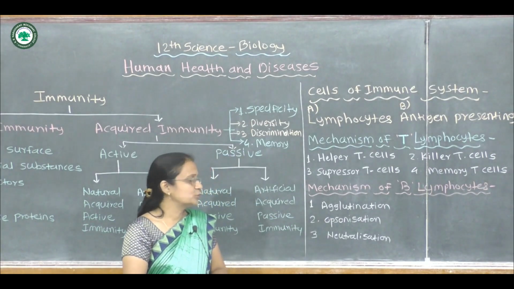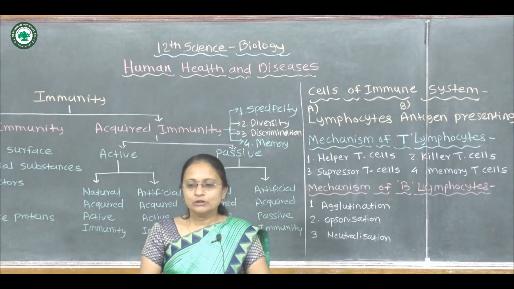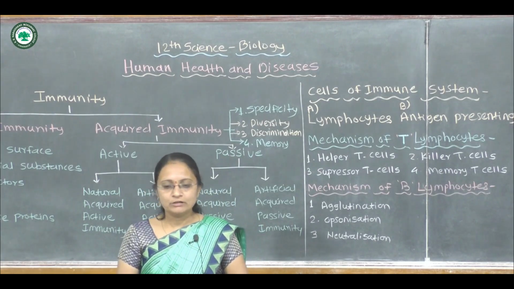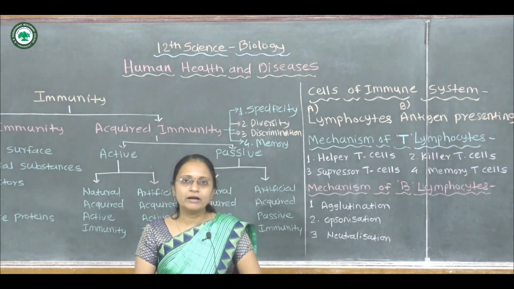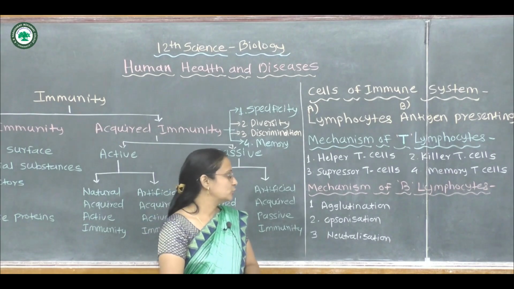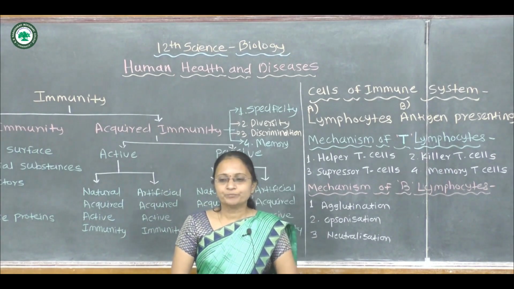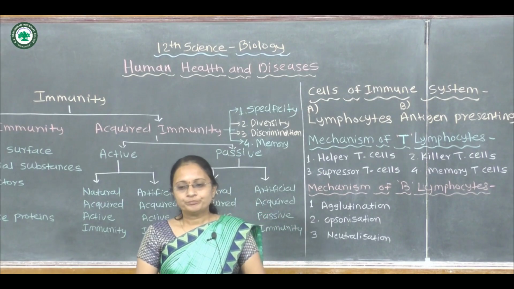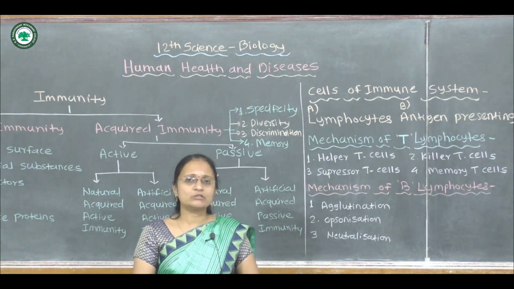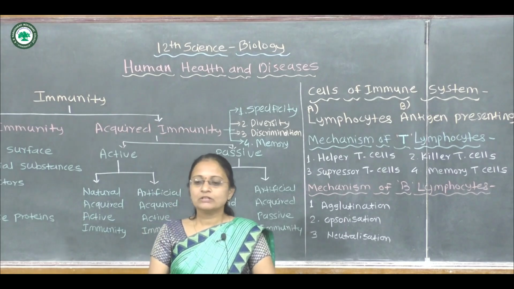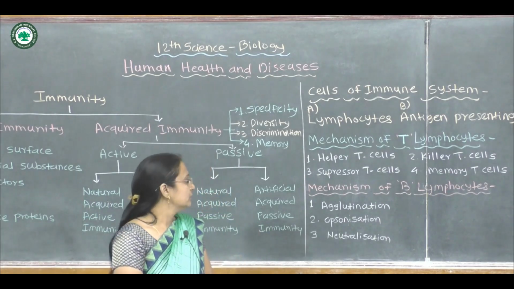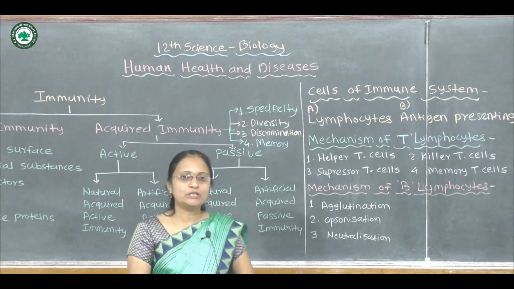The second is opsonization. Here there is coating of the bacteria to facilitate their subsequent phagocytosis by the macrophages. Neutralization is the next step of the B lymphocyte.